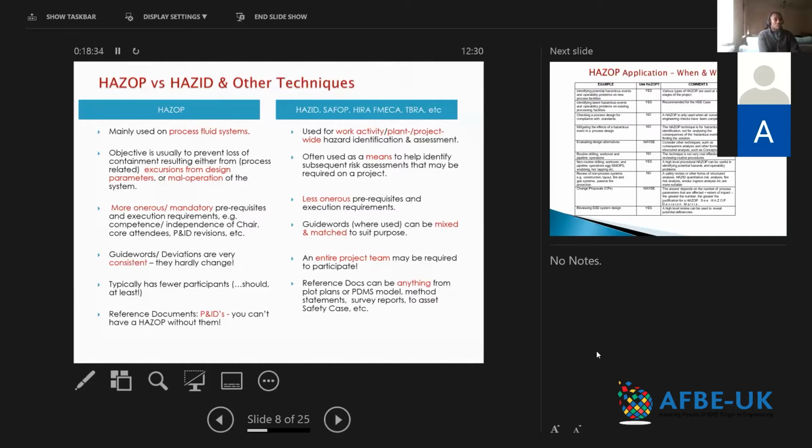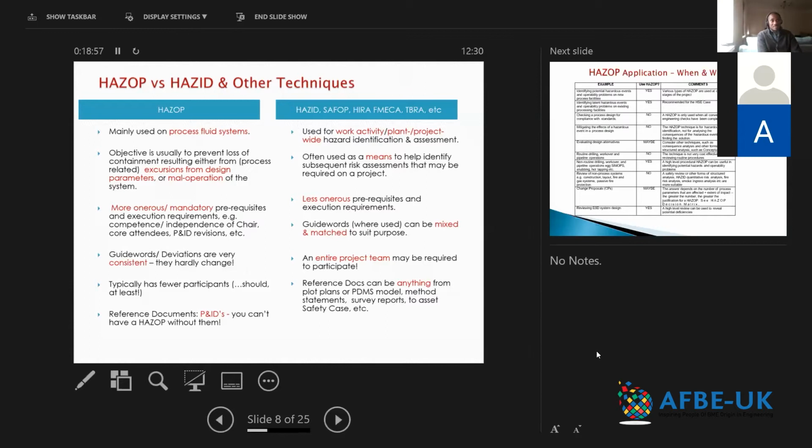So in terms of other risk assessment techniques, for example, your HAZID, your SAFOP. The SAFOP is the safety and operability study, and it's mostly used for power and electrical systems. In fact, it's, if you like, the HAZOP for electrical and power systems.